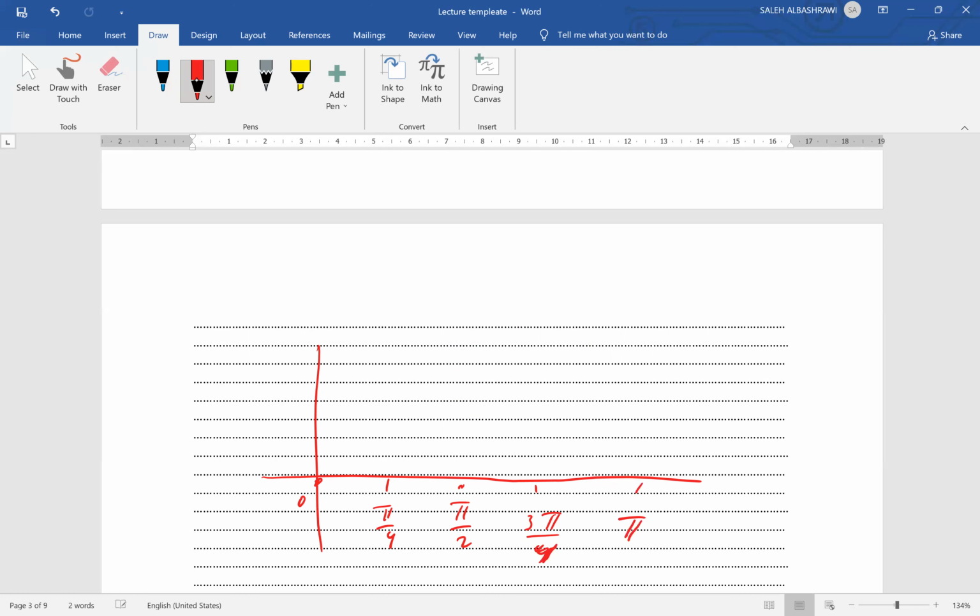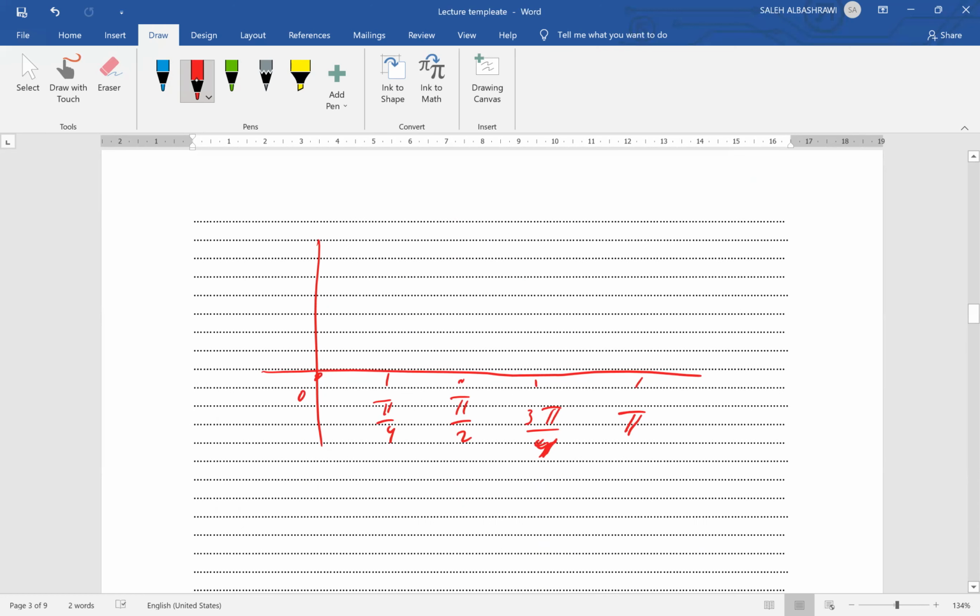So the period is 1 pi. And the amplitude is between 1 and minus 1. So the first one is 0, 0. Second one is 1. Third one is minus 1. Then 0. There's a mistake in this point. This is pi, or 3 pi.